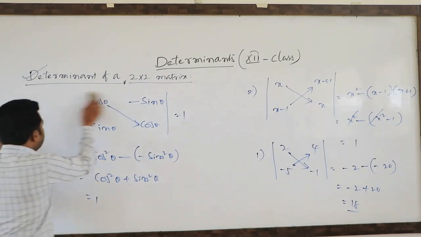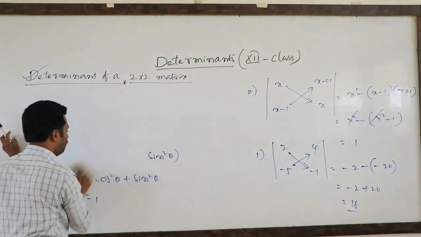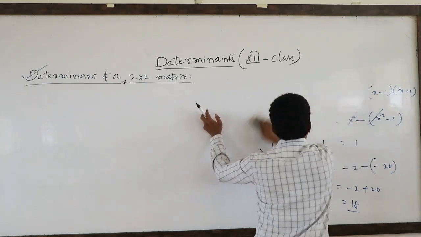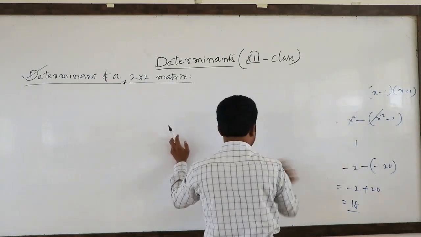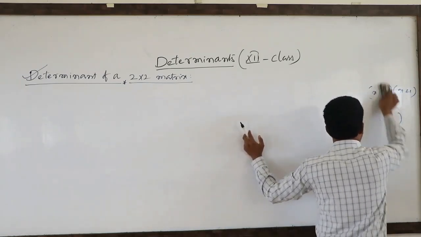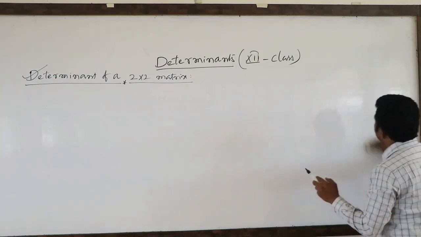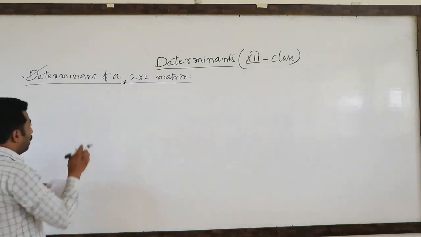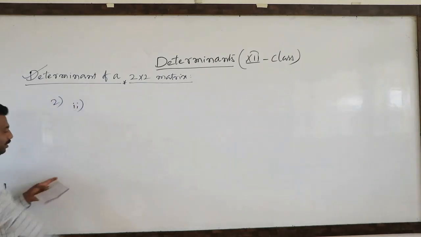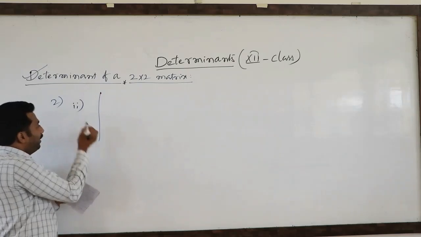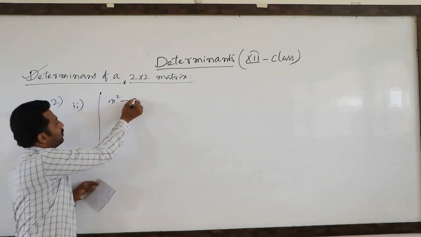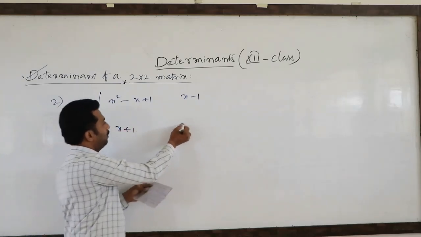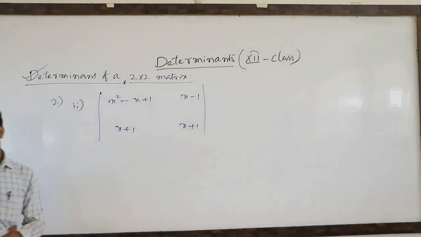Next question, you see, in the second exercise, second question, second bit, evaluate determinant of x square minus x plus 1, x minus 1, x plus 1, x plus 1. How much is this determinant?